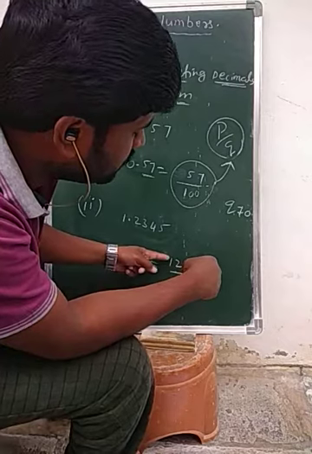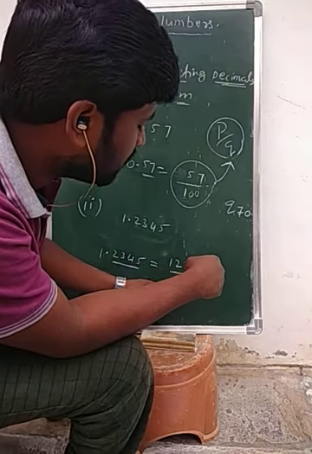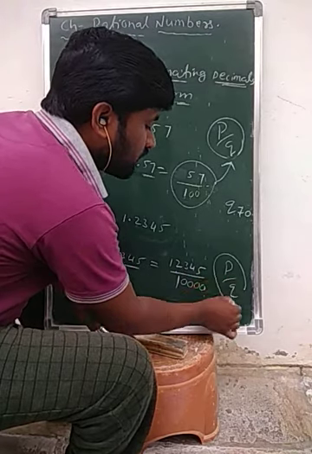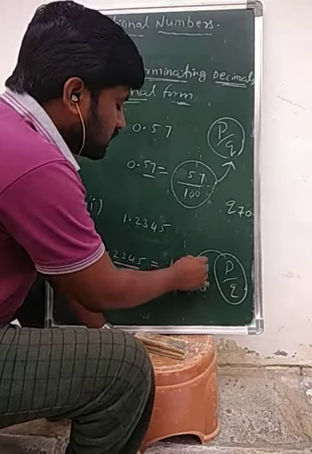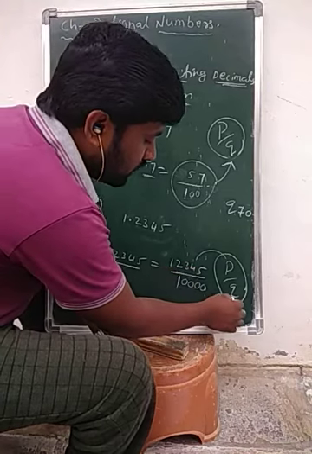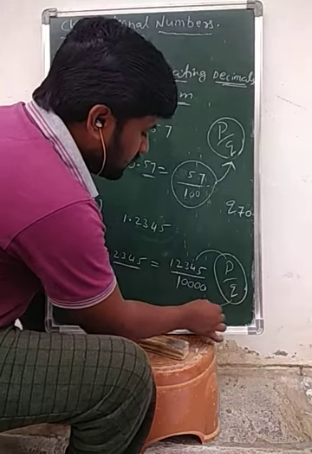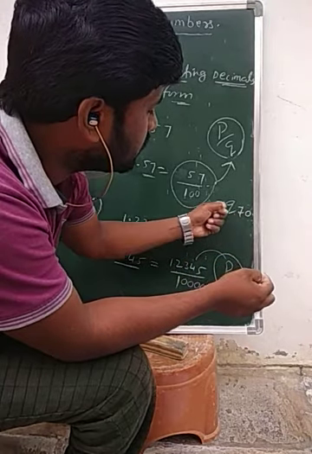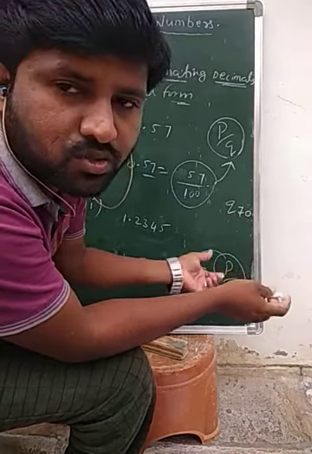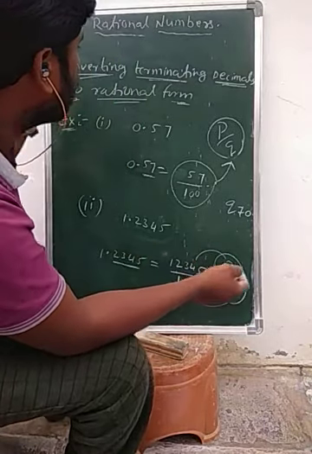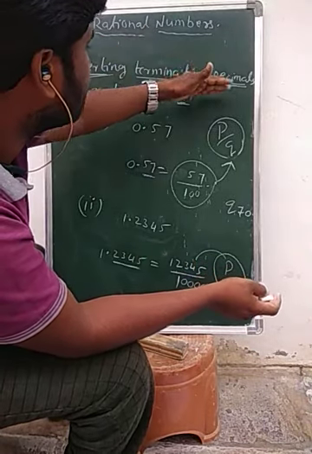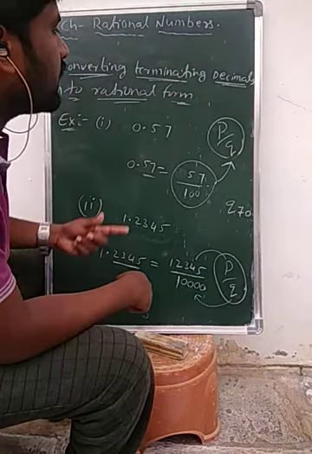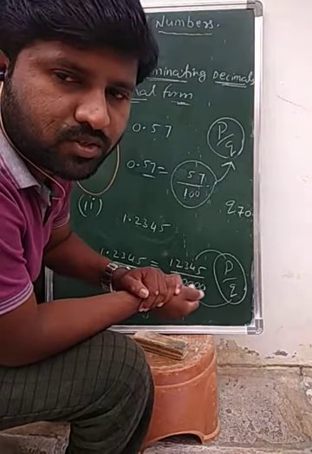So we can write it as 12,345 by 10,000, which is in the form of p by q. P is 12,345, q is 10,000. Clearly q is not equal to 0. So like this you can convert terminating decimals into rational form. Okay students?